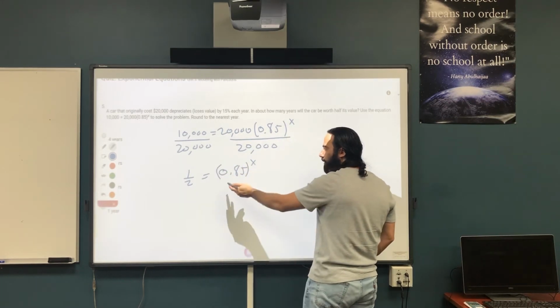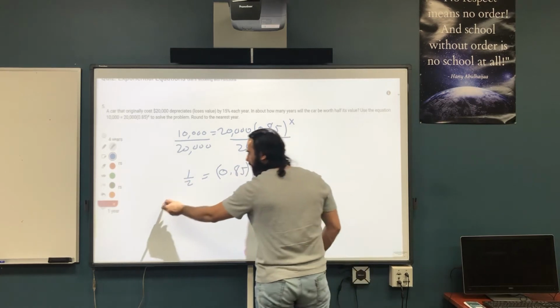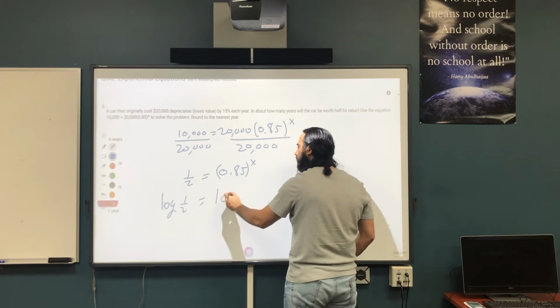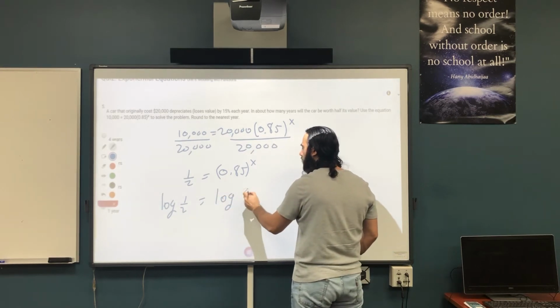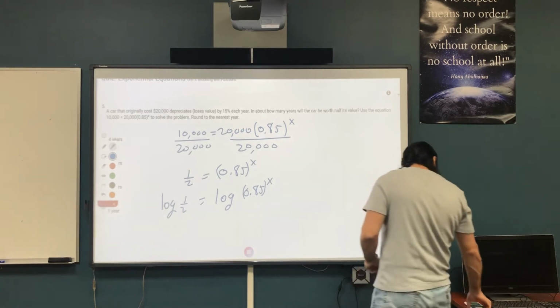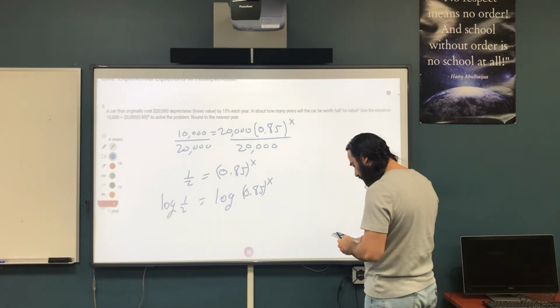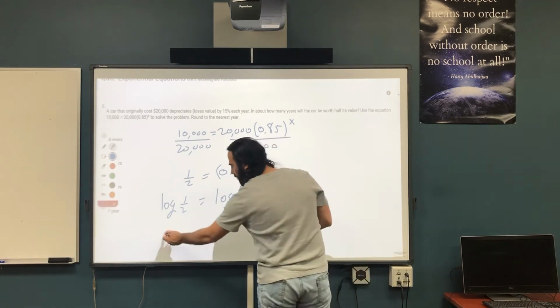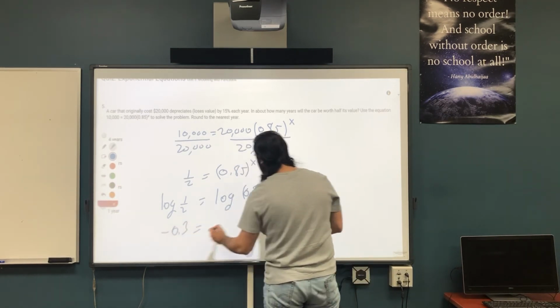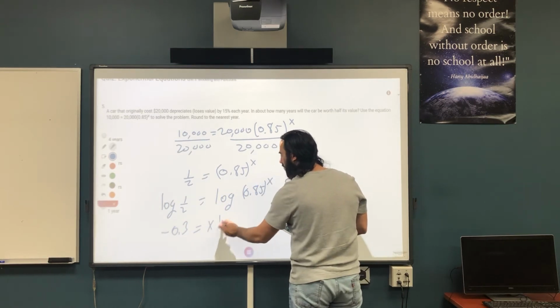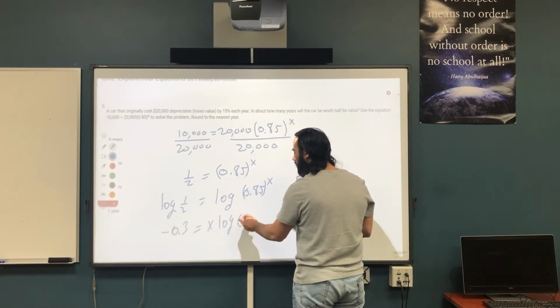Now we need to drag down x. The way we drag down x is by using log on both sides. Log 0.85 to the power of x. The log of 1/2 is -0.3, so -0.3 equals, and we drag down the x, x times log 0.85.